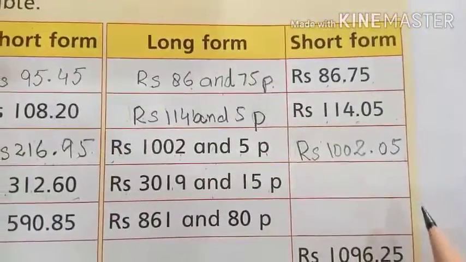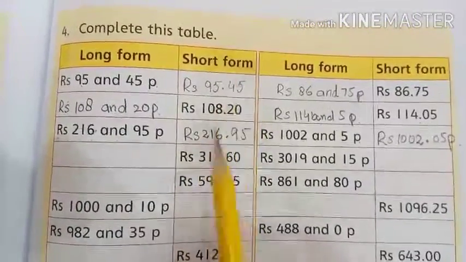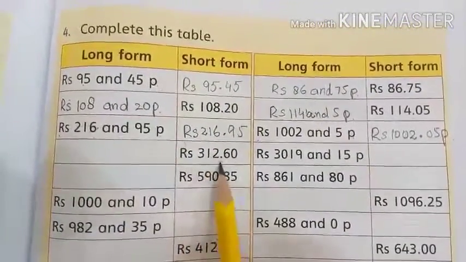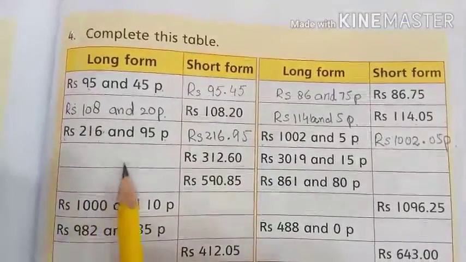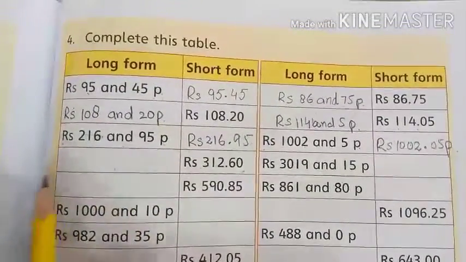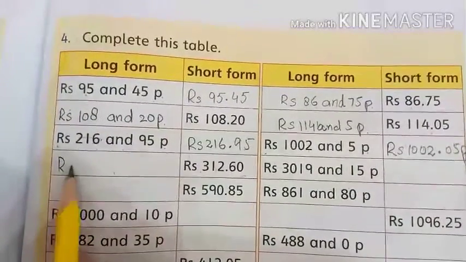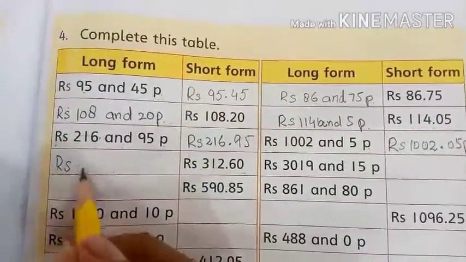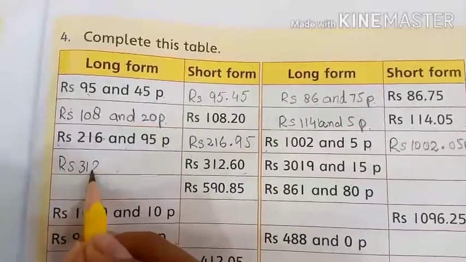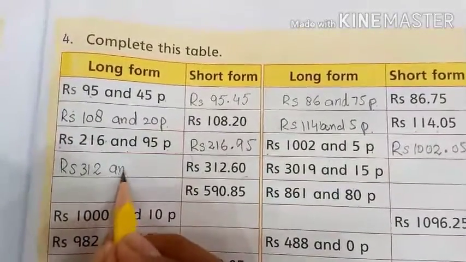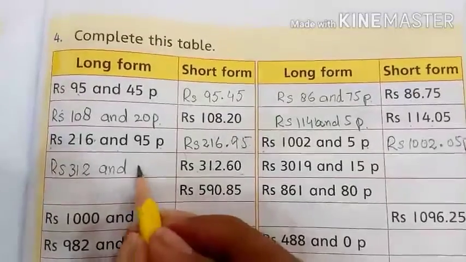Okay students, in short form rupees 312.60, and here we have to write in long form. We will write like this: rupees 312 and 60 paise.